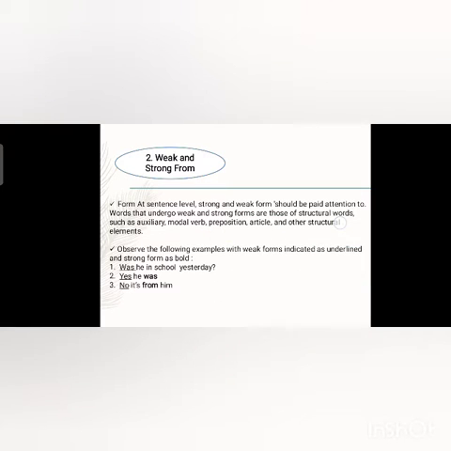Second, weak and strong forms. From a sentence level, strong and weak forms should be paid attention to. Words that undergo weak and strong forms are structural words, such as auxiliaries, modal verbs, prepositions, articles, and other structural elements.